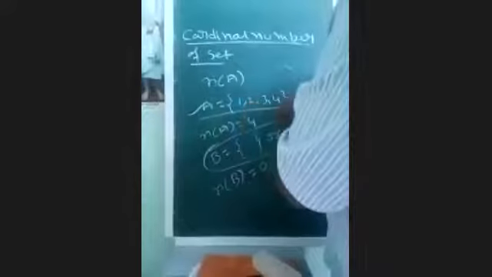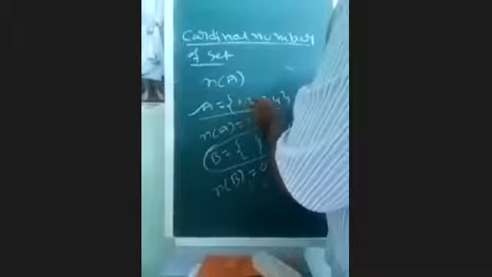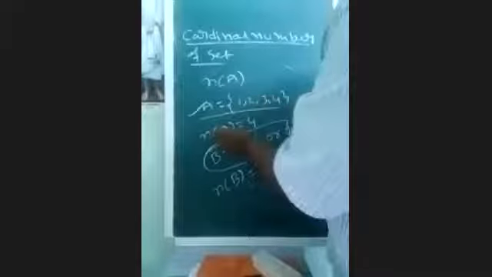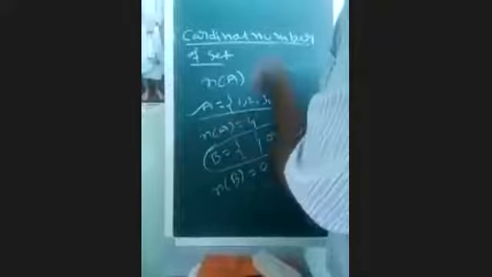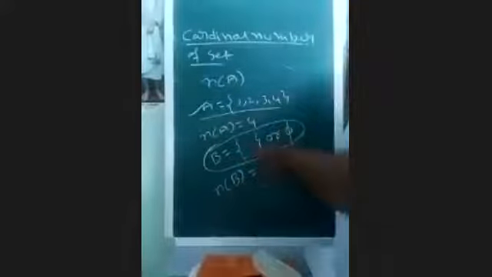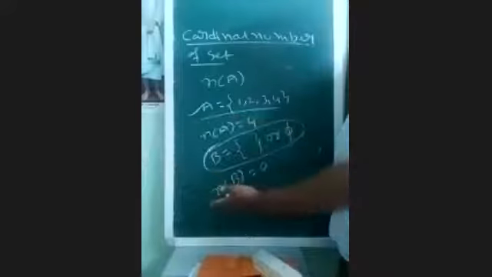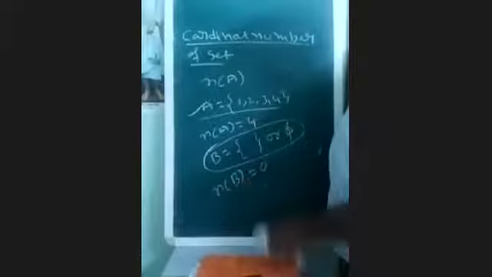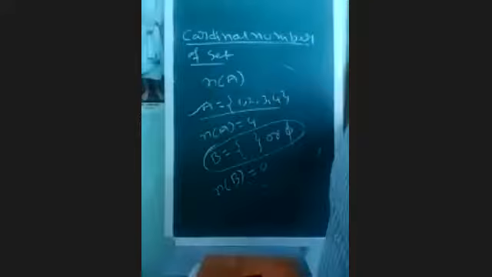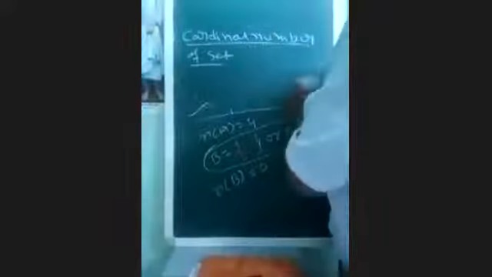Those have countable elements 1, 2, 3, 4. It is denoted by n(A), n(A) = 4. But B is the null set, it has no elements, n(B) is 0. The cardinal number of a set does not define an infinite set. We cannot define it on an infinite set.